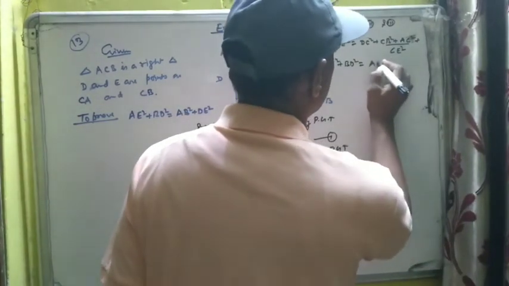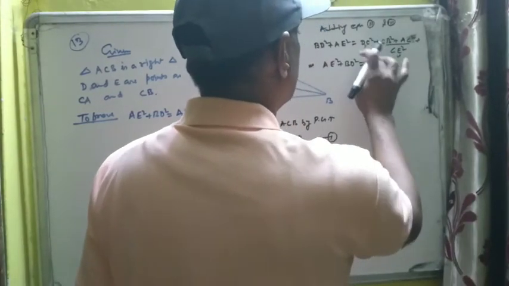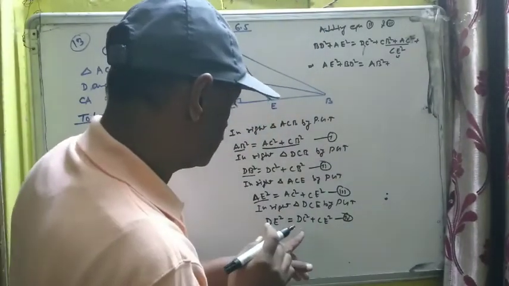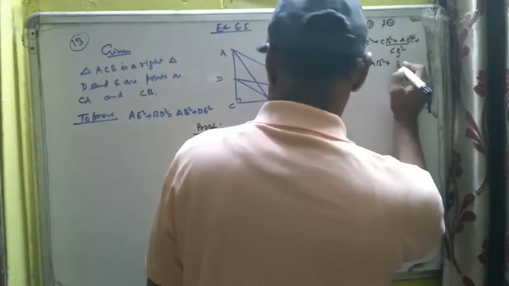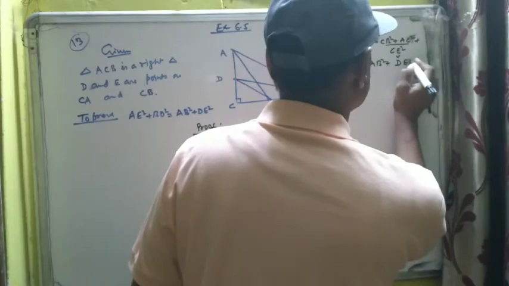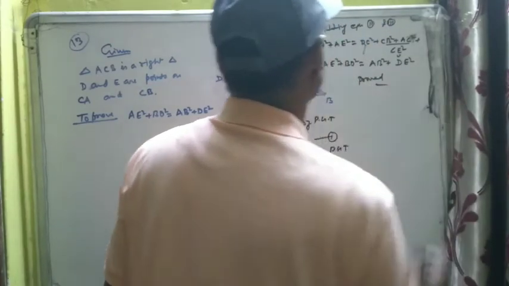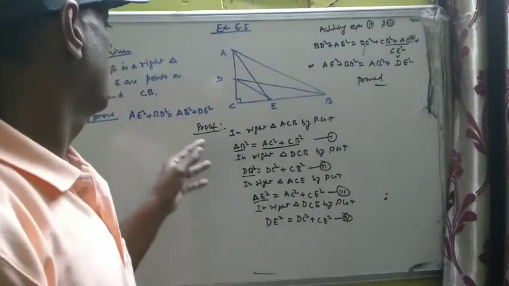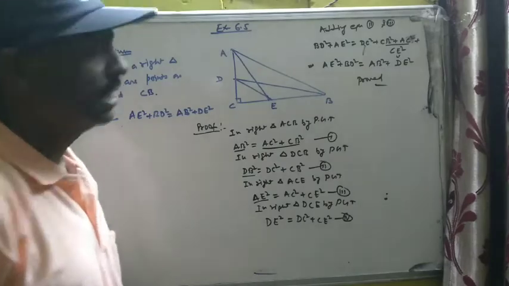So just write here AB square and DC square plus CE square. This is DC and this is CE. So at this place we will write DE square. And after adding this, we have proved the question. AB square plus DE square. Okay, this is the question number 13.